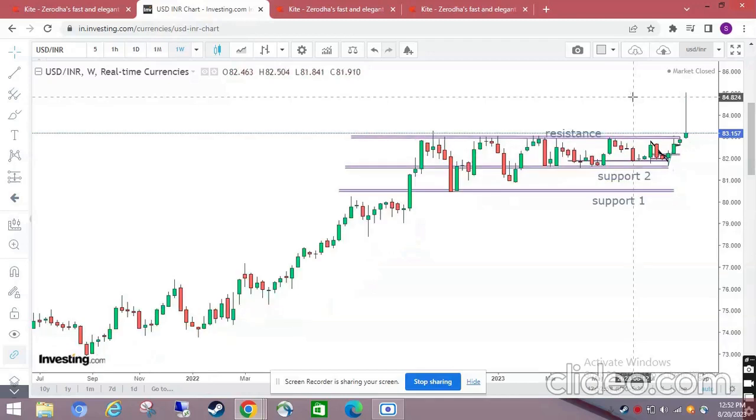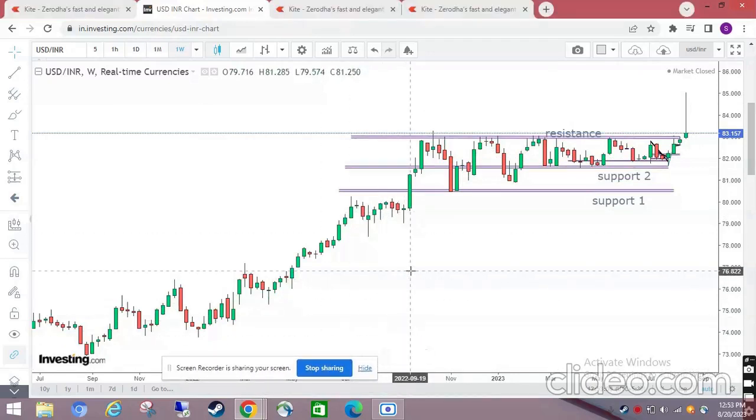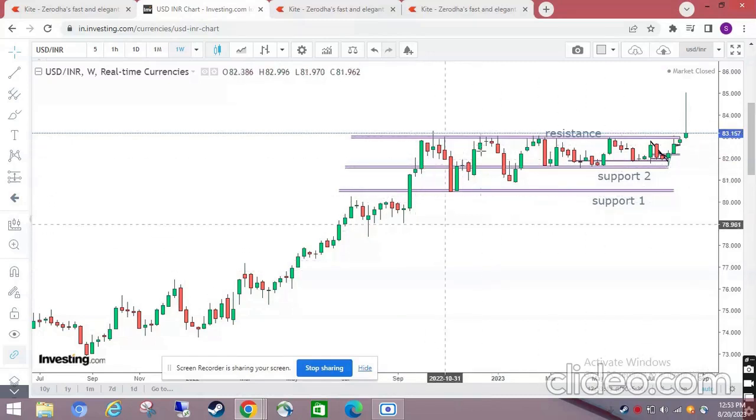So from this time, I think from 99 or 98, it's been around a year hovering about this area. It has finally broken out on a weekly candle, out of this resistance area, because of which we have turned bullish.